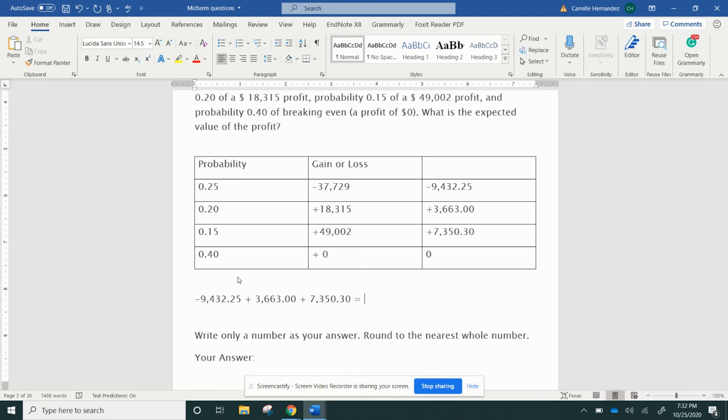Just to make my life easier, I'm going to do 3,663 plus 7,350.30. So I get $11,013.30. And then I subtract $9,432.25. So I get a positive of 1,581.05. Okay, so what happened?